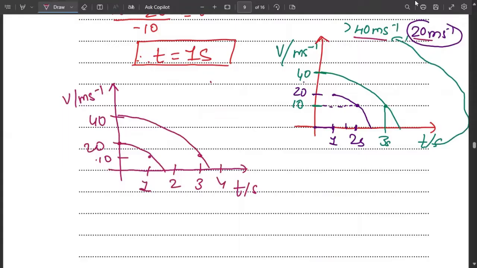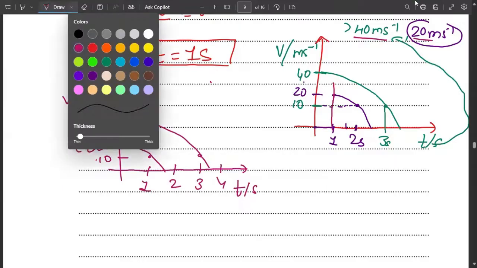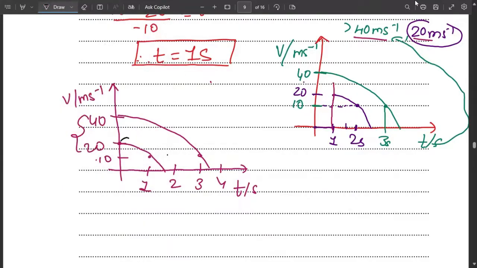This would have been the graph if both are thrown at the same time. But now the catch is that this 20 meter per second particle is thrown 1 second late. So this entire arc is being shifted 1 second to the right.